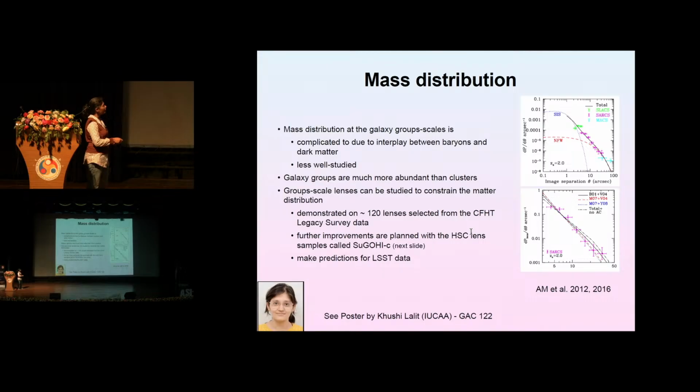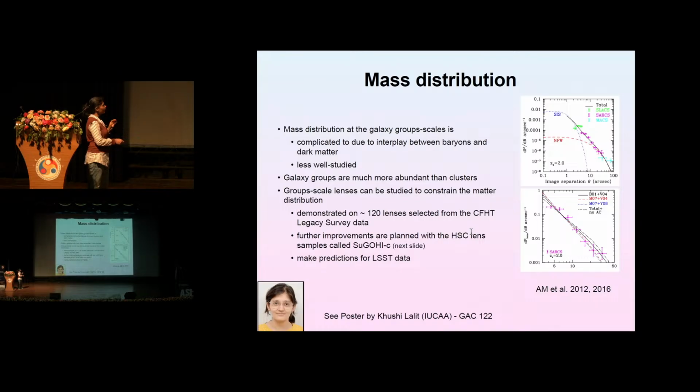We have also then tried to further improve this by testing additional models for the dark matter. So if the dark matter within the inner regions is not NFW, but the slope of this dark matter profile is changing because of the presence of the baryons, then that sort of effect is shown by this dash-dotted curve, and you can see how it affects the slope of this distribution.